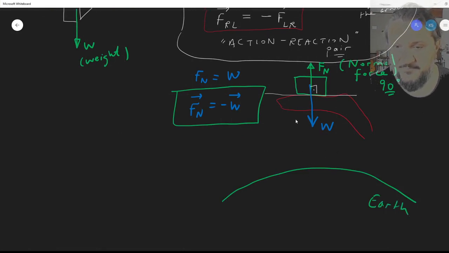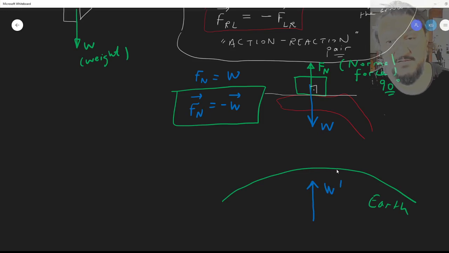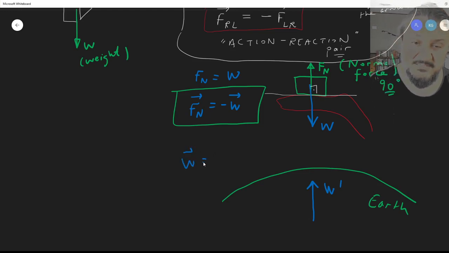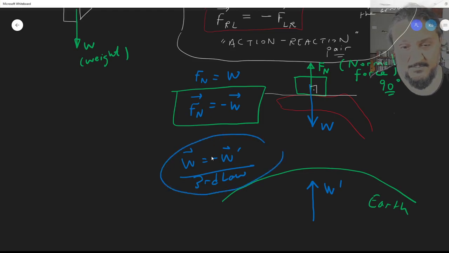And for W, let me use the same color now. I have another force, maybe call it W prime. W prime is this green object pulling the green Earth in the opposite direction. Now W is equal to negative W prime. Now this is, yes, the third law. That's not the third law.